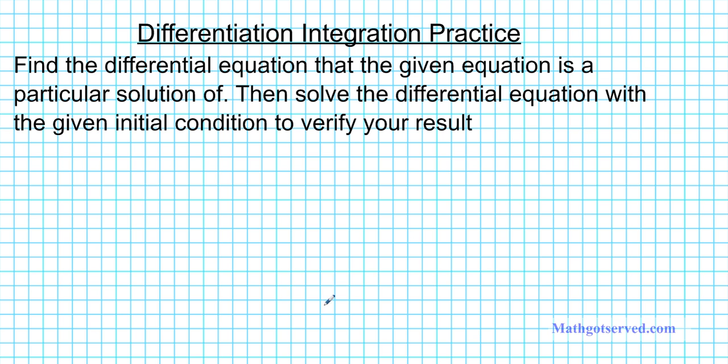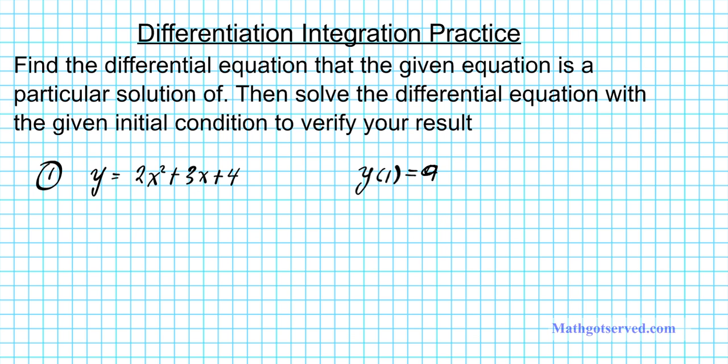All right, so the first problem we're going to be looking at is number one, y equals 2x squared plus 3x plus 4. And the initial condition is y of 1 is equal to 9.